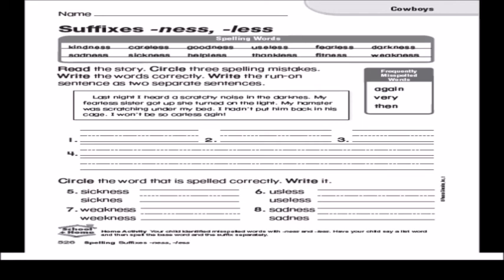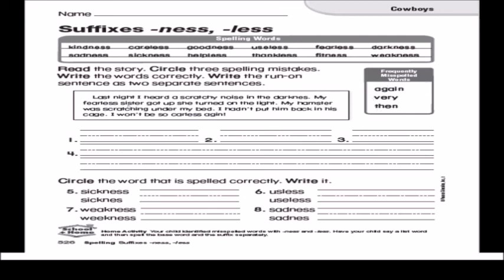I hadn't put him back in his cage. I won't be so careless again. So here we need 3 spelling mistakes: 2 mistakes from our new vocabulary for today, from our spelling words, and 1 from the misspelled words.